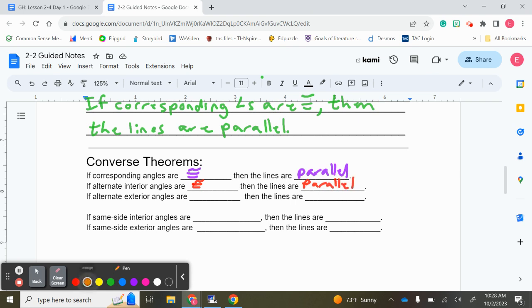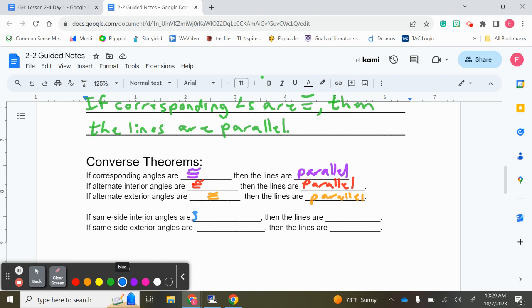Alternate exterior angles, congruent or supplementary? 50-50 shot. If alternate interior angles are congruent, what do you think alternate exterior angles are going to be? Congruent. Then they are parallel. All right, same side interior angles, congruent or supplementary?